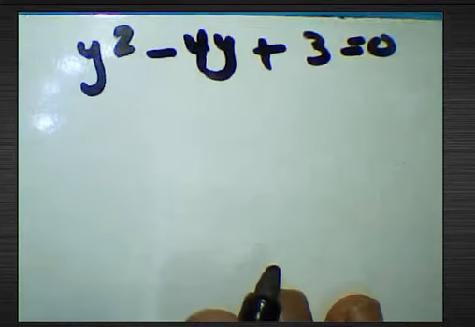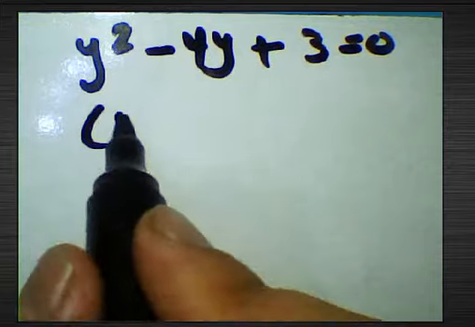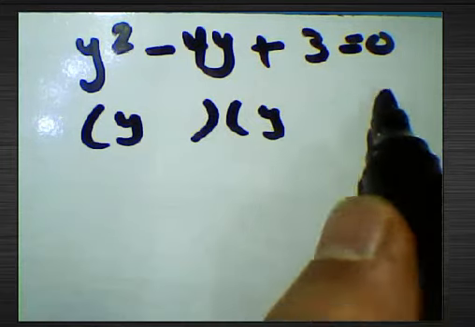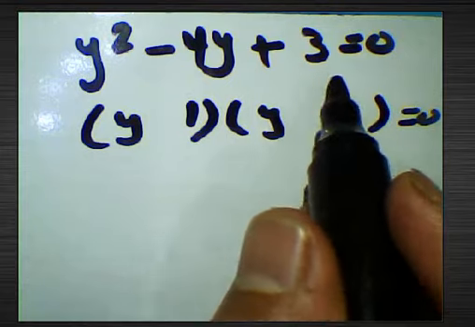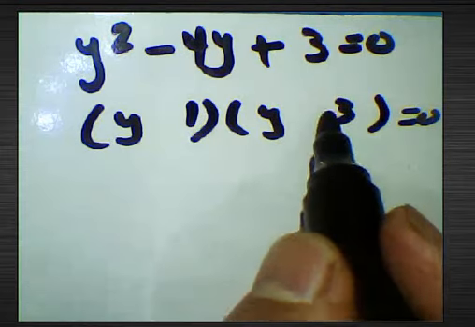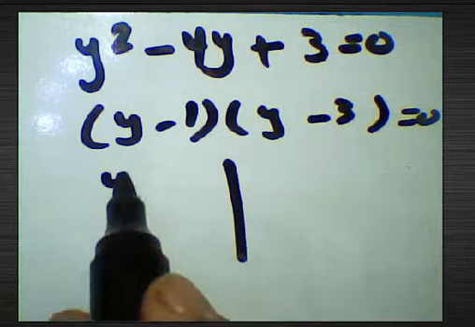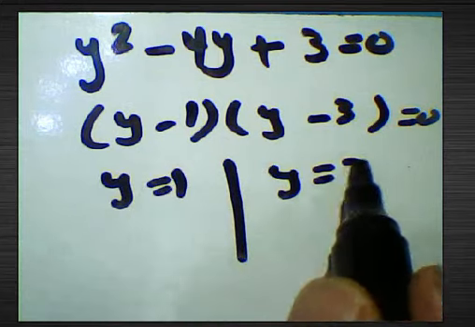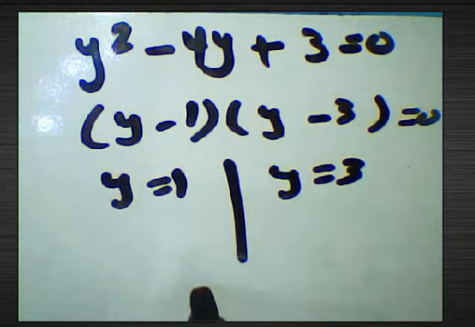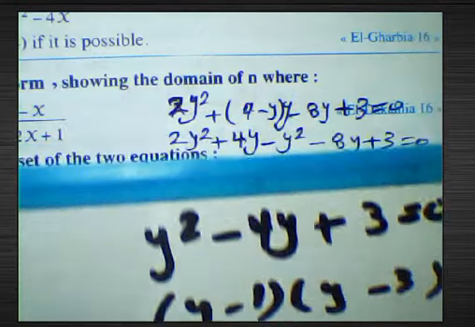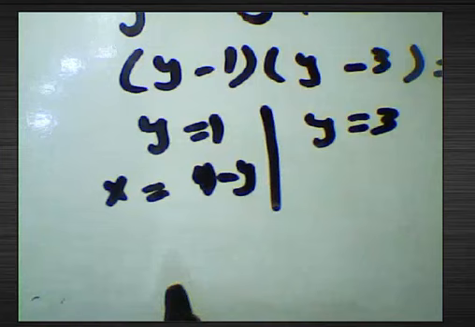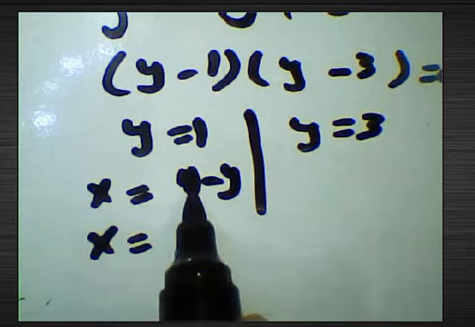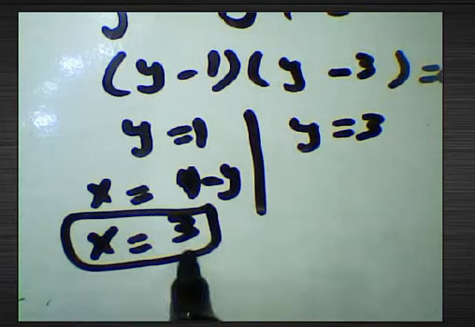And then you can complete this example by factorizing: y times y, and 1 times 3 equals 3, and adding them gives 4, negative and negative. Then y will be 1, or y equals 3. You can find x. We know x equals 4 minus y in this example. So x will be 4 minus 1, which is 3.